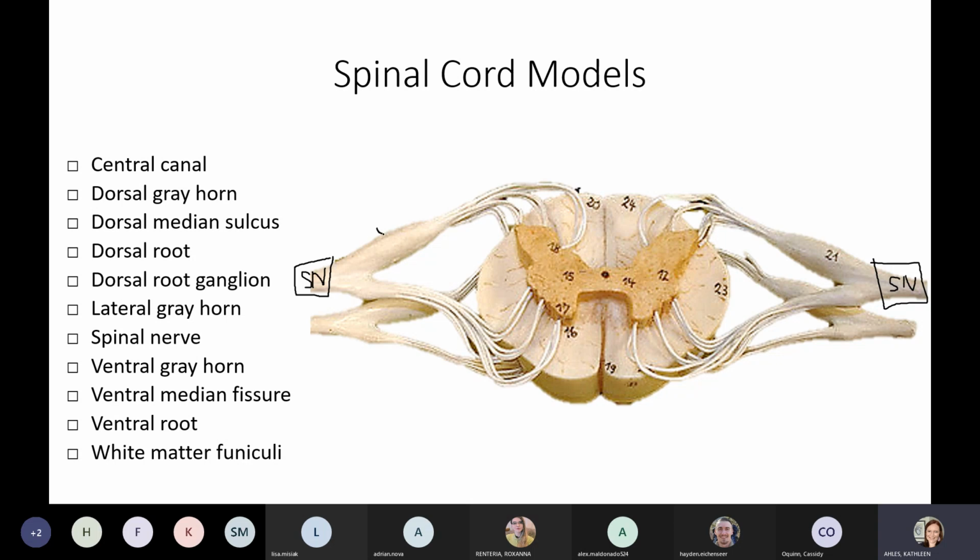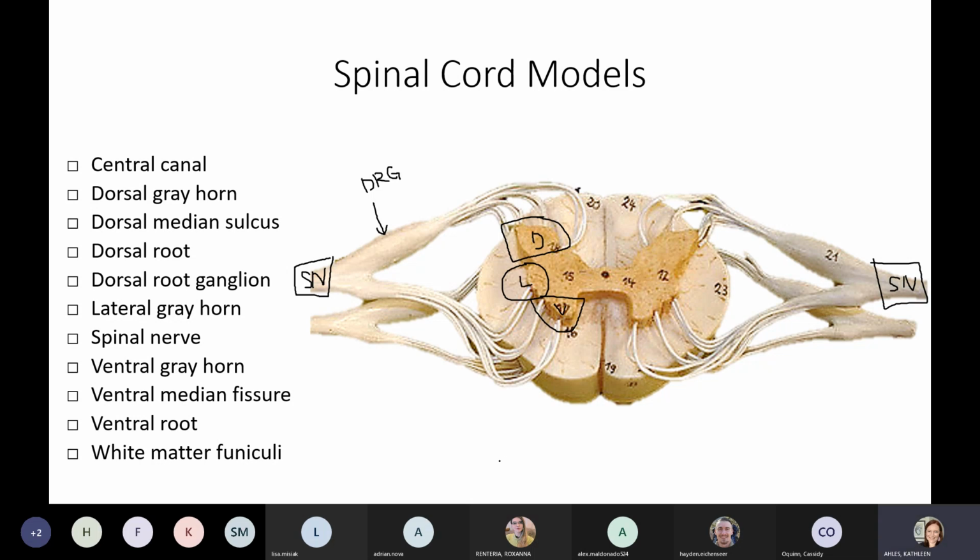Again, I can see on this picture my big dorsal root ganglion. So that helps me to know that this one is the dorsal horn. So I'll put a D for dorsal. Here's that ventral horn in the front and that lateral horn on the side.